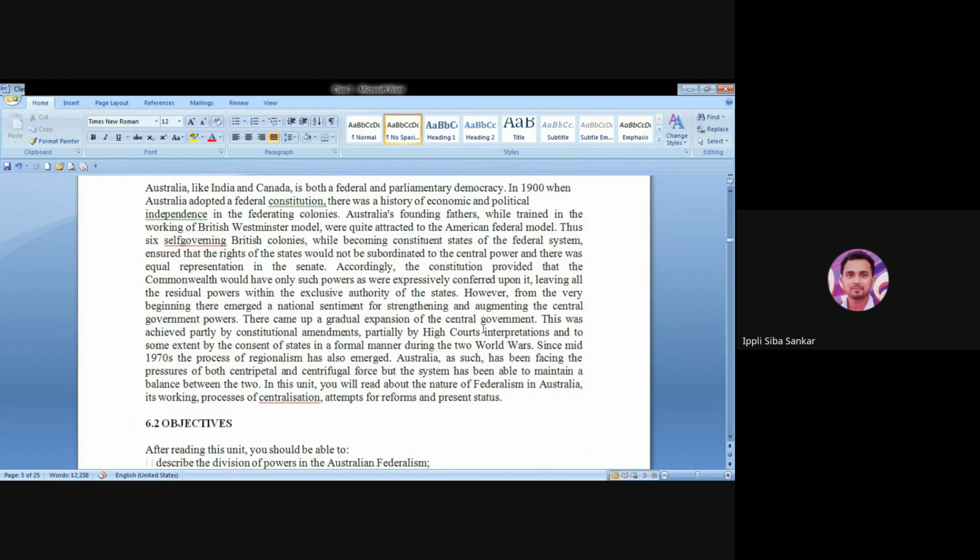Australia's founding fathers, while trained in the working of the British Westminster model, were however quite attracted to the American federal model. Thus, the six self-governing British colonies became the constituent states of the federal system, ensuring that the states would not be subordinate to the central power.